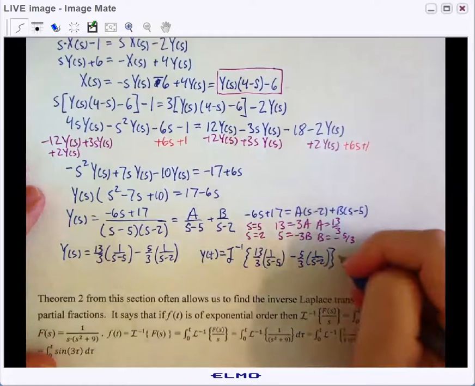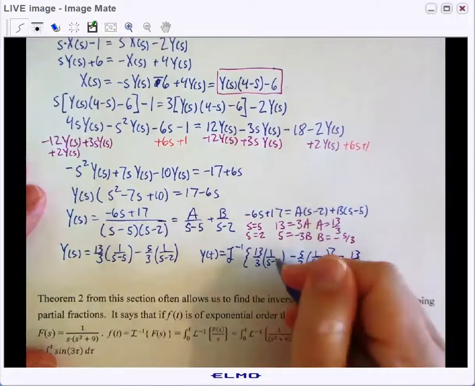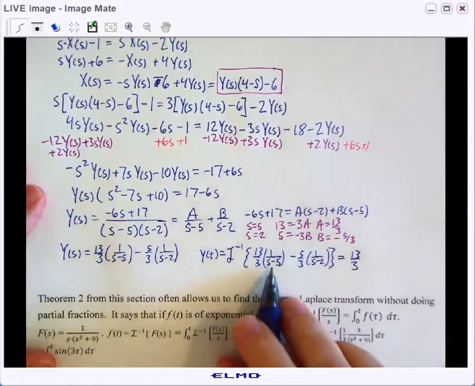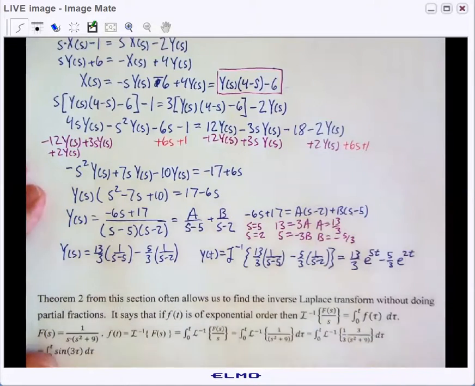And that will give me 13 thirds times the inverse Laplace transform of 1 over s minus 5, which is e to the 5t, minus 5 thirds e to the 2t.